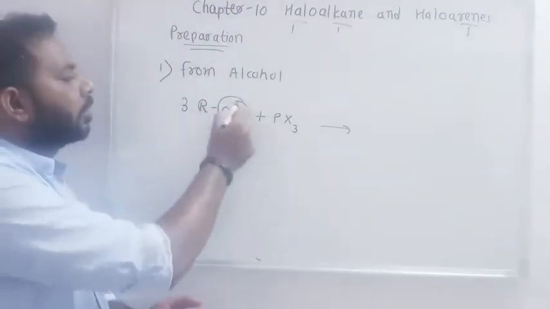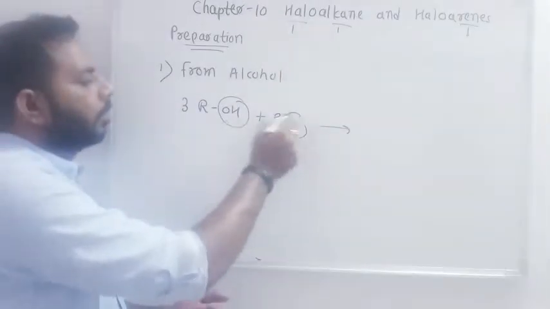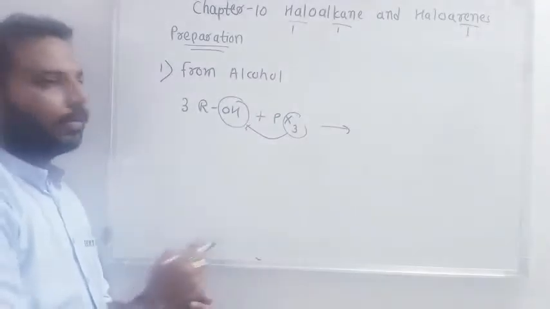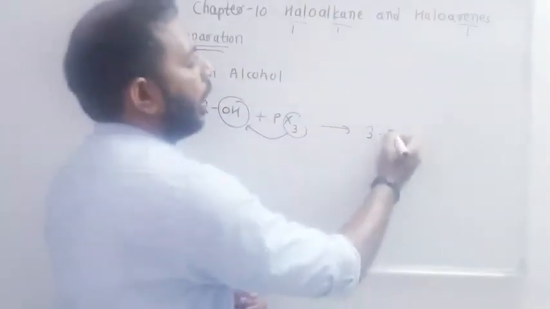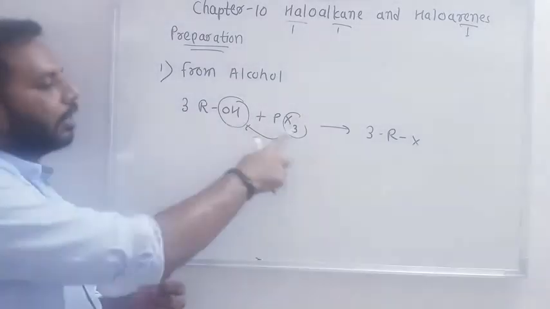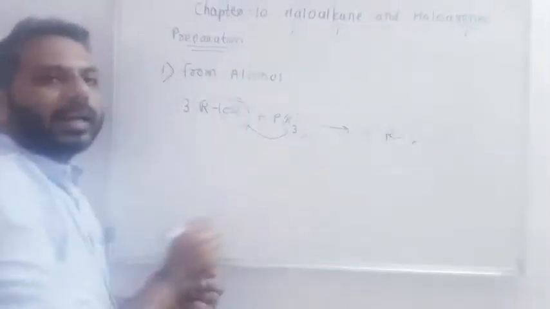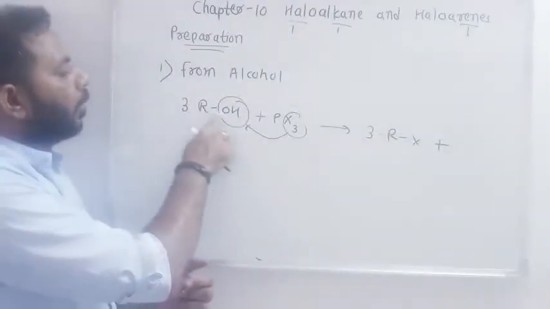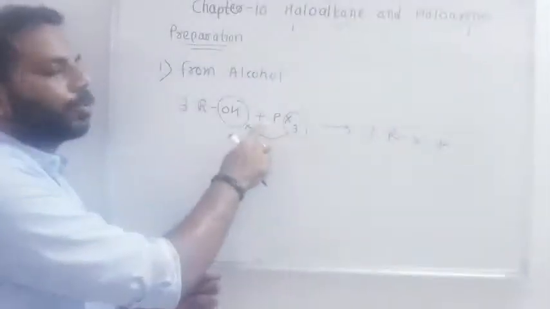OH minus will be replaced by halogen. So instead of OH minus, halogen will take its place and we will get RX. Here 3 OH groups are replaced by 3 halogens, so we have written 3 RX. Now what is left? What will be the byproduct? Here 3 OH groups are left and 1 phosphorus is left.